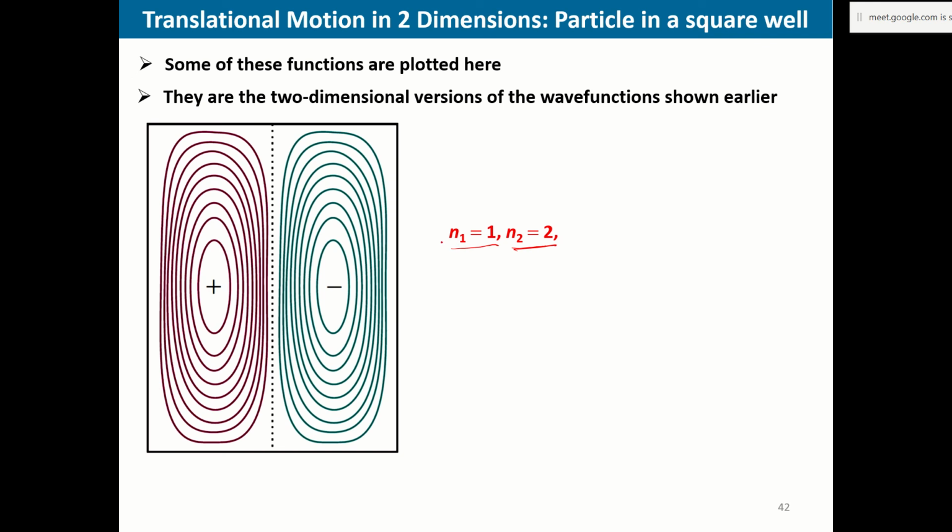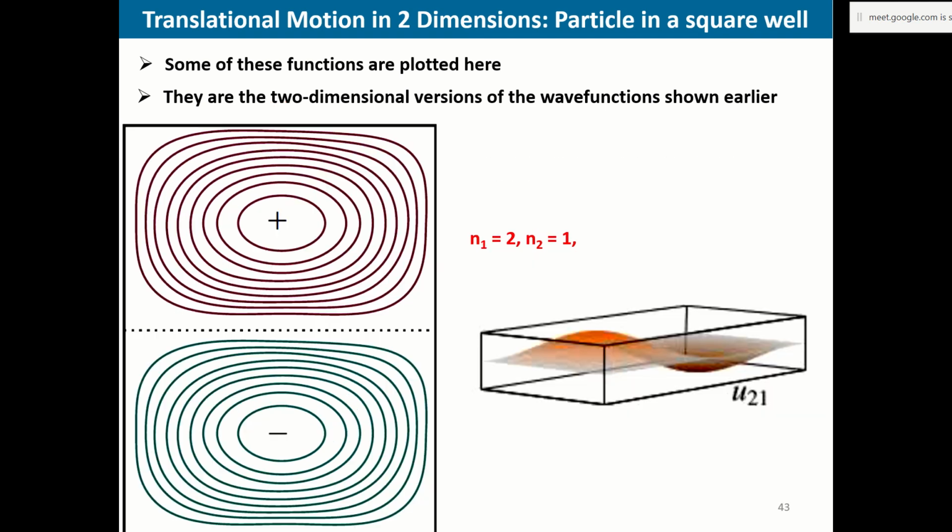If this is x and this is y, along this direction there is no node, but when we go along y, here there is a break, so you have a node appearing over here in this way. So this is the way you have to plan.